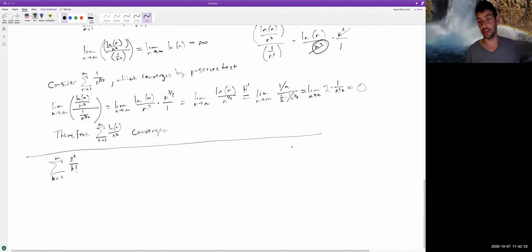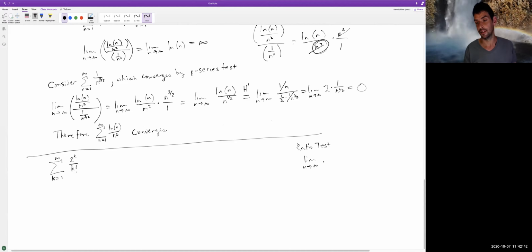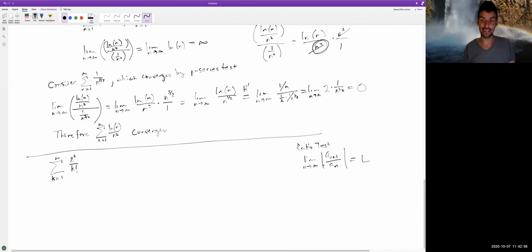In the ratio test, remember, we look at the limit of the absolute value of the quotient of successive terms, right? So you look at the n+1th term divided by the nth term, and you get some limit. And if this limit is less than 1, the series converges.